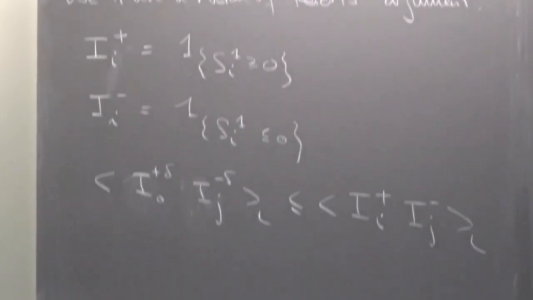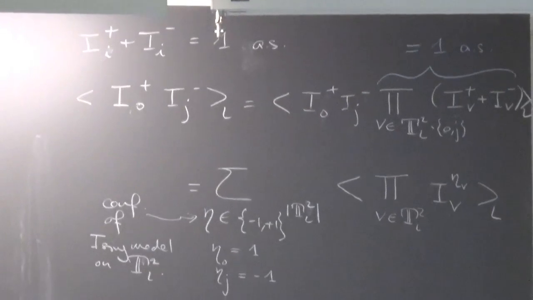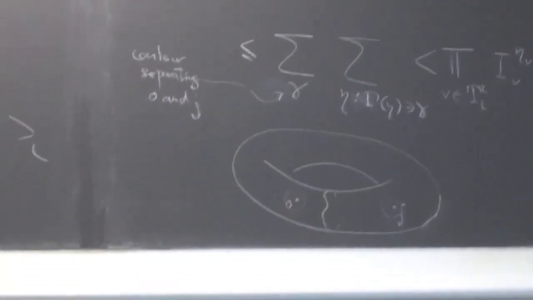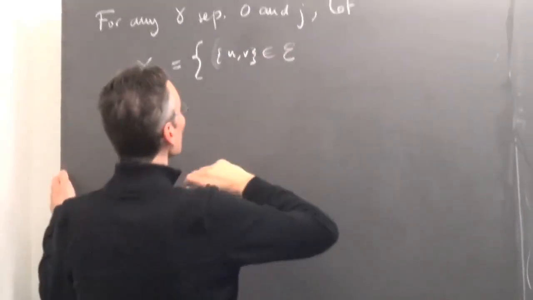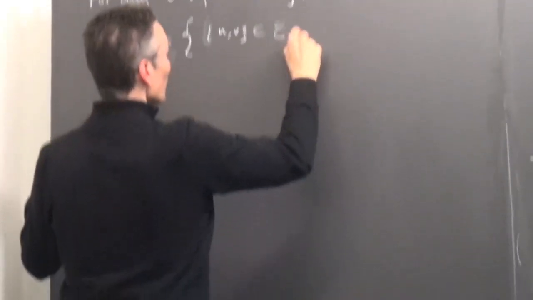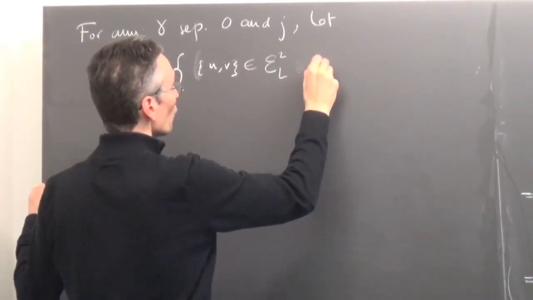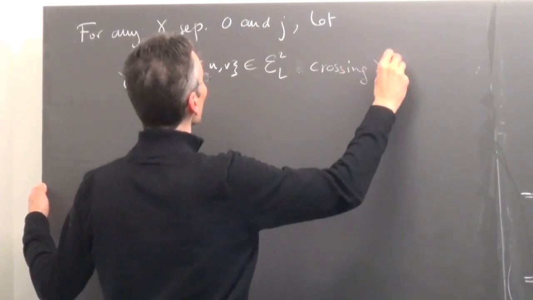So let me introduce, for any gamma separating 0 and j, let gamma orthogonal be the set of all pairs of neighbors UV in E L2 which are crossing gamma.